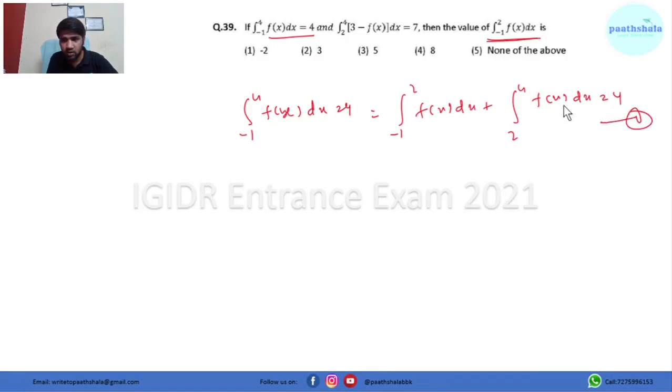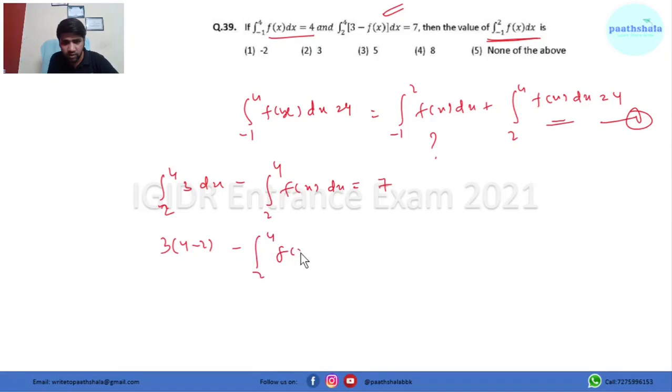So let's say this is equation 1, and we have to find this one, and this can be found by this expression. It is integral 2 to 4 of 3 dx minus integral 2 to 4 of f(x) dx, and this equals 7. When you solve this, it will come out to be x, and when you put the limits, 4 minus 2, and minus the integral 2 to 4 f(x) dx equals 7.